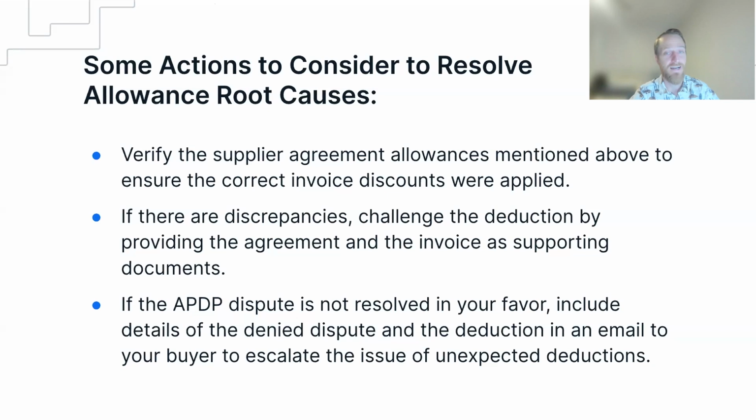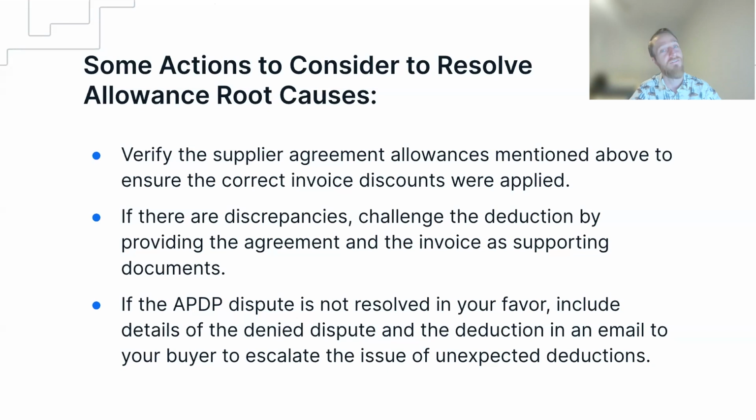And sometimes if you don't get that dispute approved, we would still recommend escalating it even further, especially if the evidence is on your side, because allowances should be pretty cut and dry. You're either supposed to give it or not, and you either gave it or you didn't.